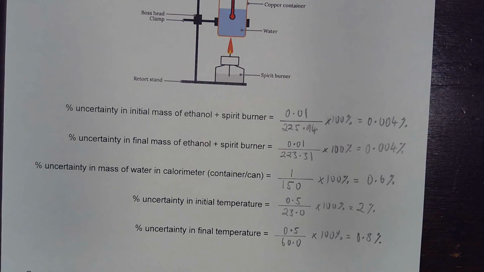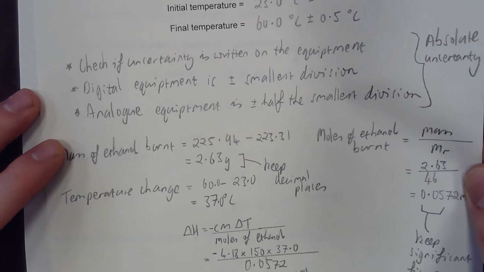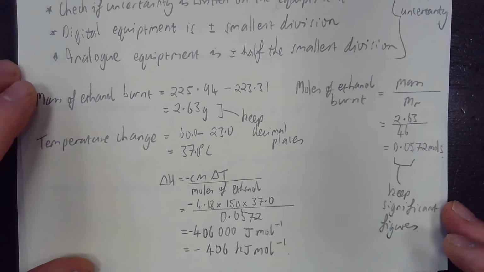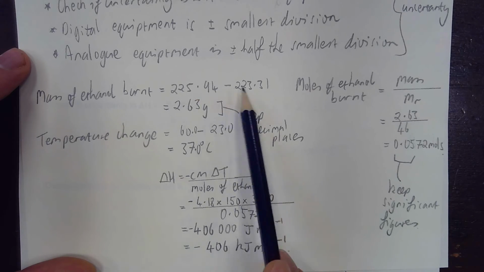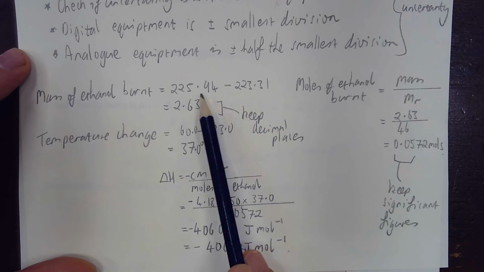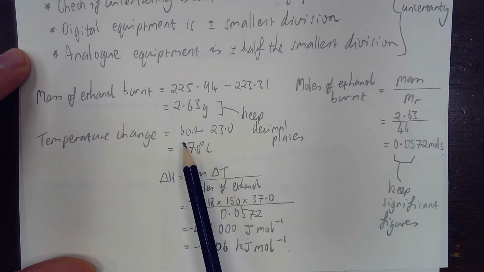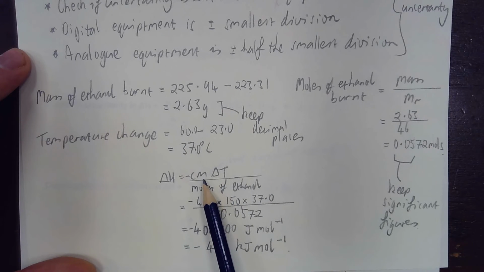So going back to the previous page, we can see that in the calculation of the final answer, we have had to use 5 different numbers. We have had to use 2 masses, the initial and final mass of the ethanol. Both of those were measured separately. 2 temperatures, the initial and final temperature. Again, those have been measured separately. And also the mass of the water in the calorimeter.